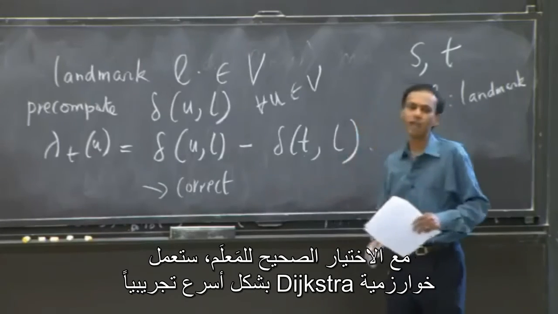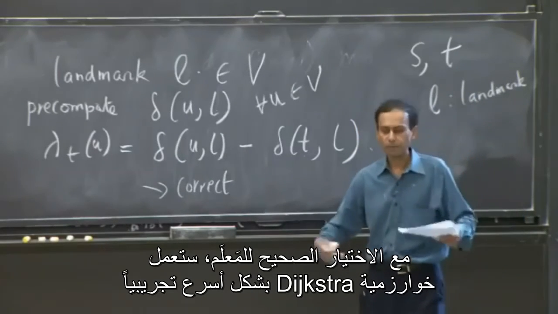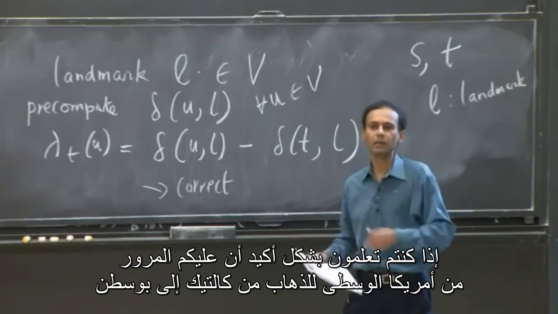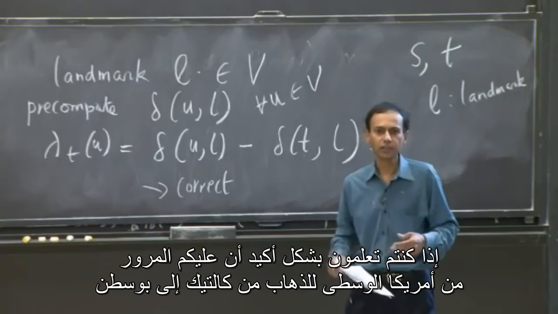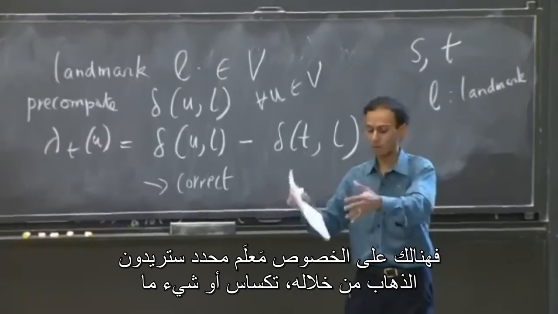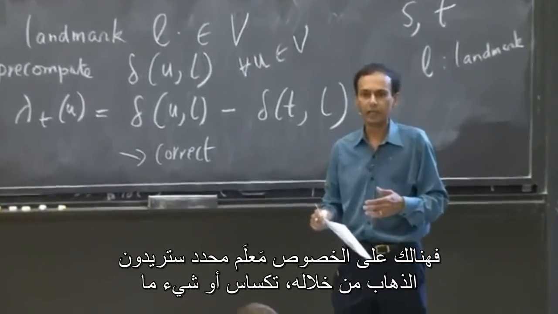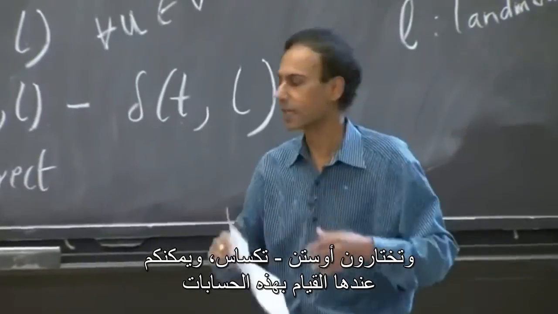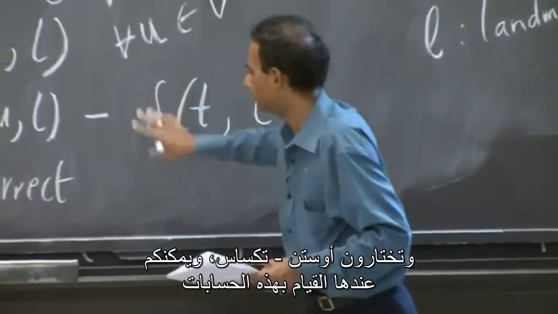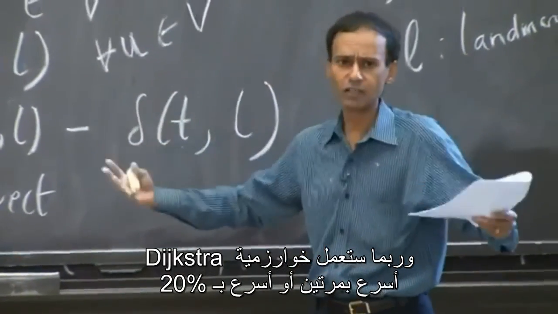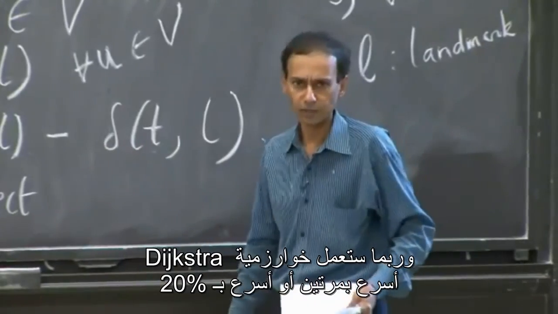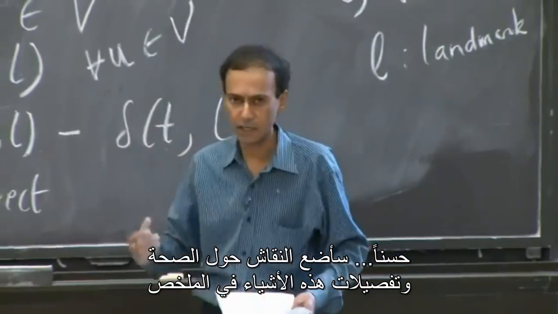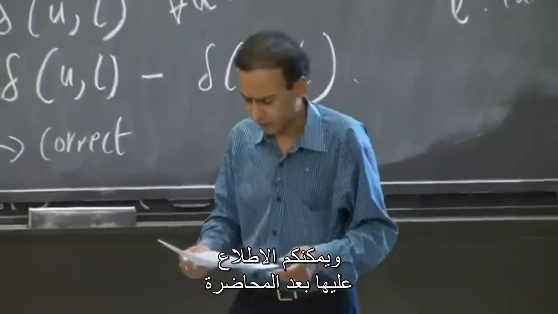With the correct choice of landmark, Dijkstra empirically will run faster. So if you know for sure that you need to go through Middle America to get from Caltech to Boston, and in particular, there's one particular landmark you want to go through, Texas or something, and you pick Austin, Texas, then you could do this computation, and maybe Dijkstra runs 2x faster, 20% faster. All right, I'll put the argument about correctness and the specifics of these things in the notes, and you can take a look at it offline.